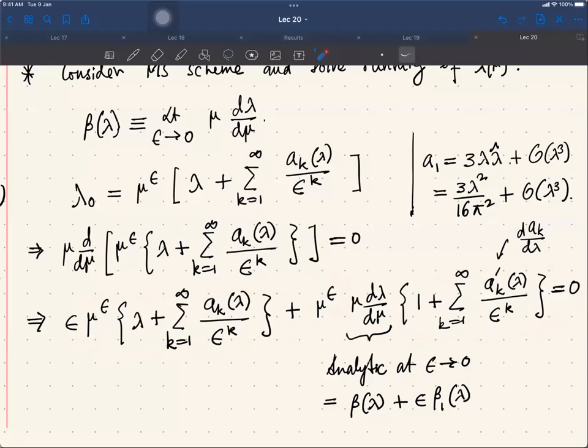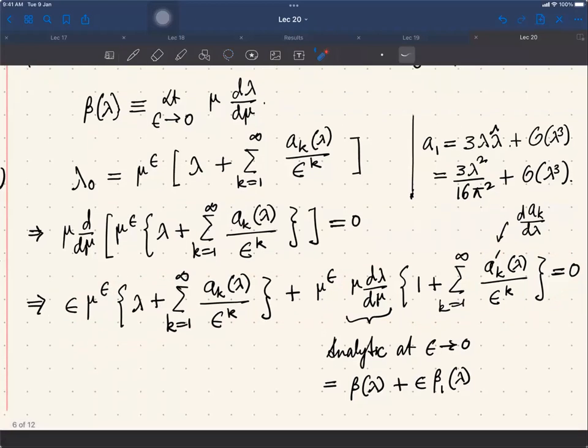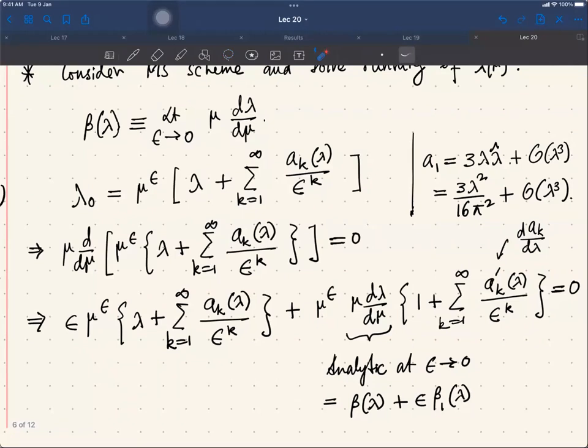So let me write this equation down there on this other side.